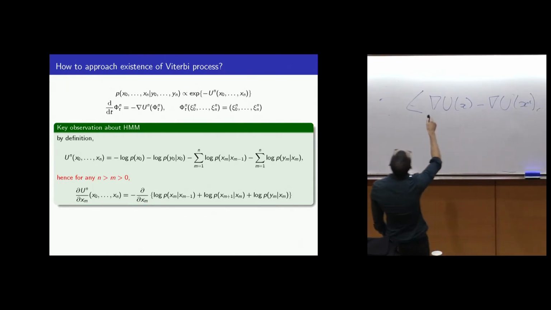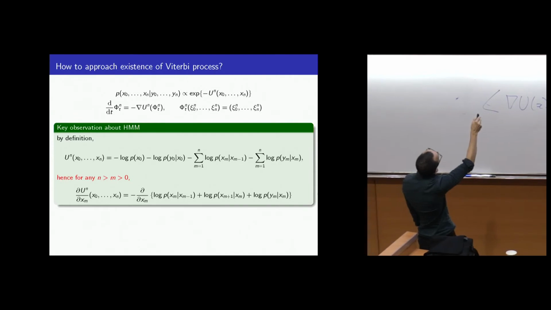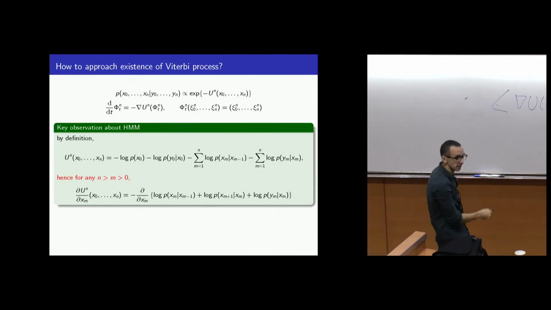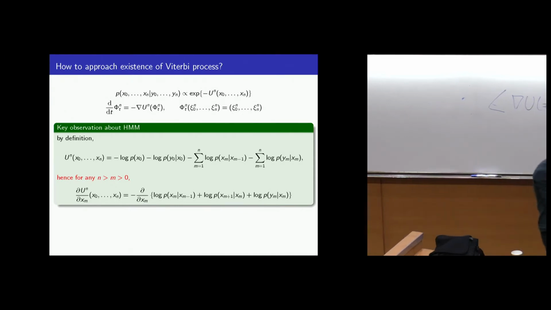And the point here is that if I now start to think about the elements of this gradient vector, so each of these elements is a partial derivative of this form, right? You see that as long as little n is strictly bigger than little m, the right-hand side over here does not have any dependence on little n. Okay?